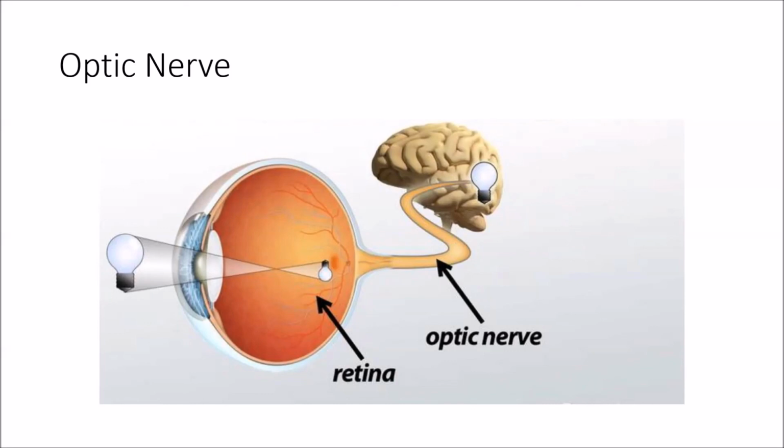Okay, so whenever light enters the eye, the cone cells and the rod cells inside of the retina, they're going to detect this light. Okay, but once you detect the light, remember with the nervous system, a nerve impulse is created, but this nerve impulse is going to have to travel along nerves in order to get to the brain or the spinal cord where that information will be processed.